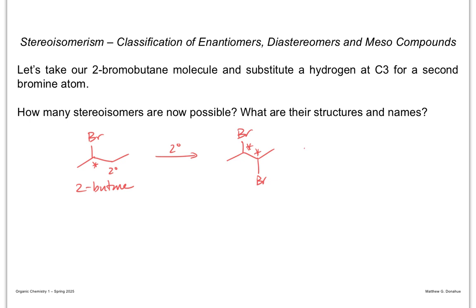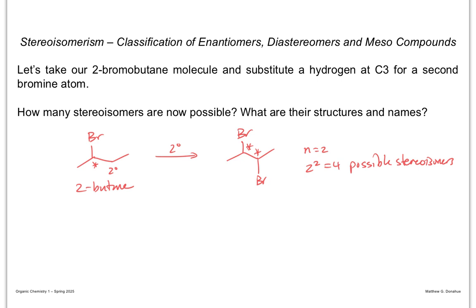So we have n equals 2, 2 to the 2 equals 4 possible stereoisomers. So I'm going over this case because there's an issue with it.